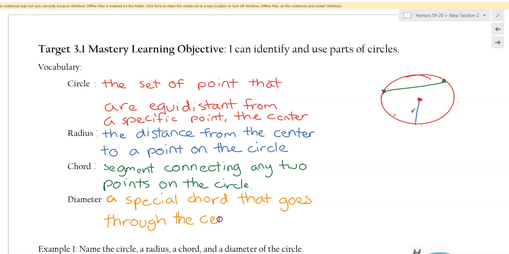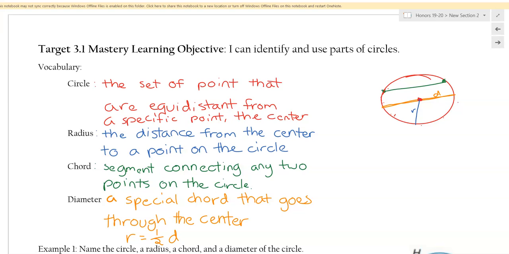And we've seen diameters before, right? So I would specifically have to choose points on opposite sides of that center, right? And that's our diameter. And as we've seen before, the radius is half of the diameter. We used that idea before in some cases, and we'll probably use it again in this unit.